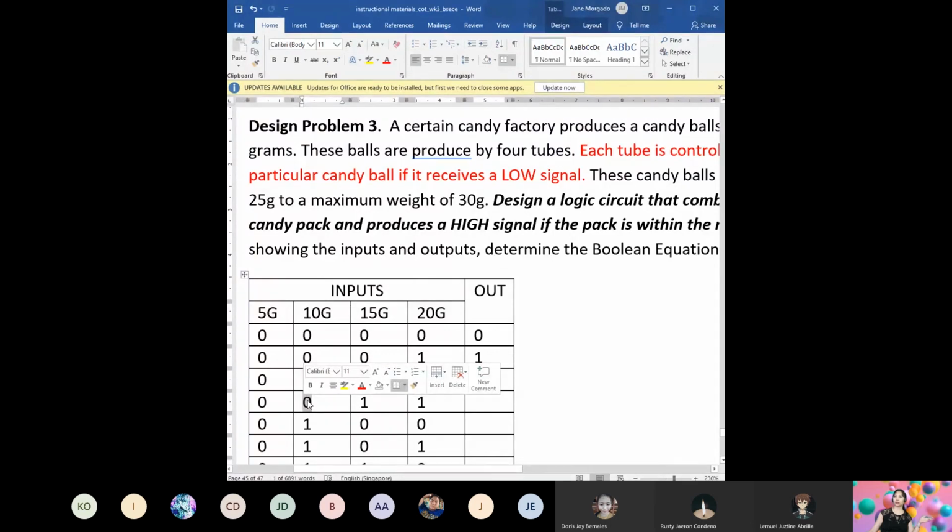The total weight would be 15. Is it within the range of 25 to 30 grams? No. So therefore the output is 0.